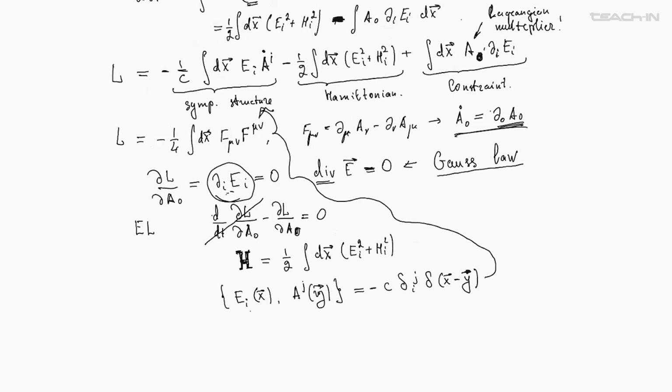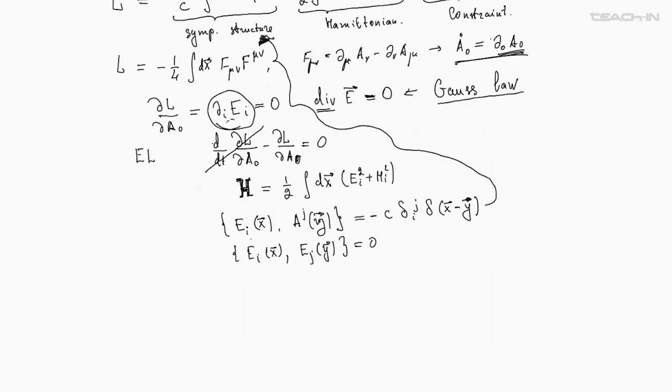This means that the bracket between EI's is 0. So the canonical brackets, if you want the whole set of brackets: EI with EJ on Y is 0. And the same is also true with the potential: AI on X, AJ on Y at equal time is also equal to 0.